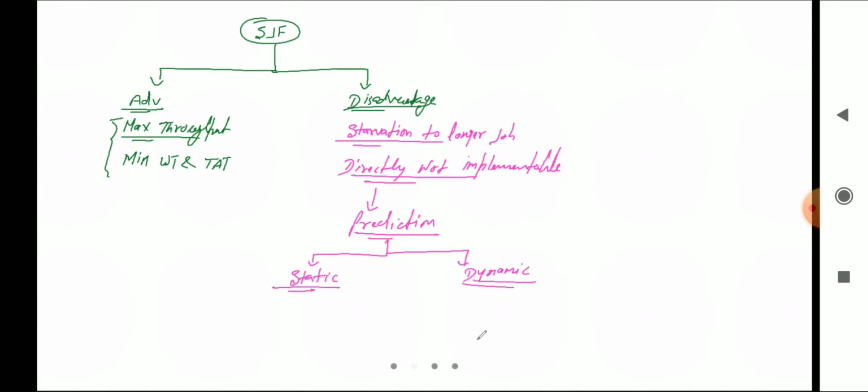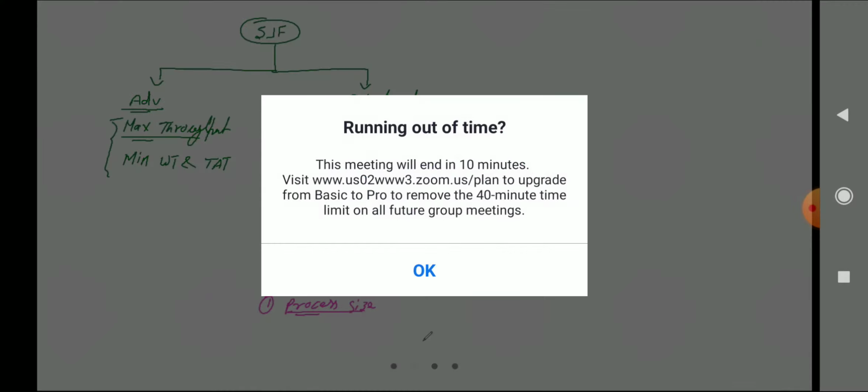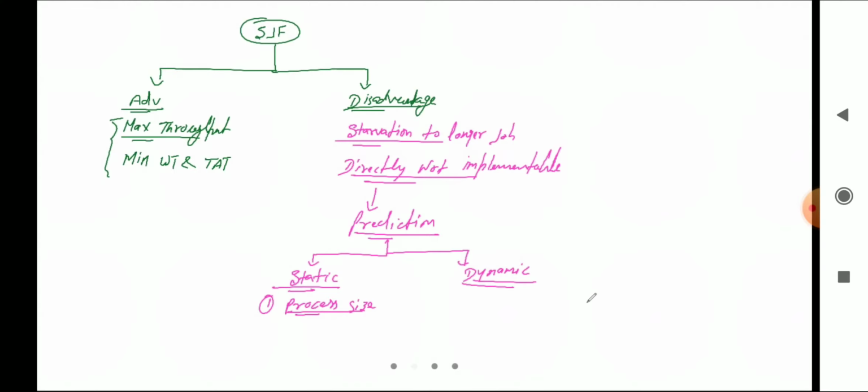So static means you can predict like a process size. Process size means once you know the process size that has already executed, right?